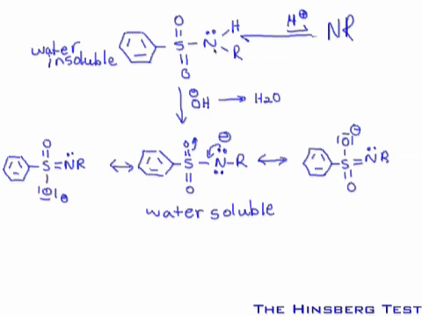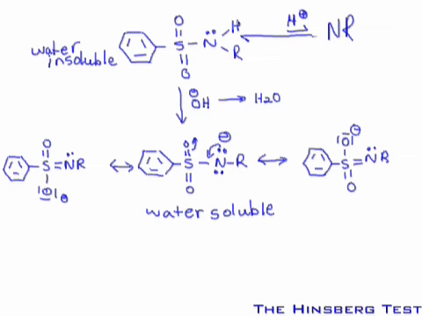So in acid, the benzene sulfonamide is water insoluble because it stays neutral. It doesn't get protonated. But in base, it becomes water soluble because it becomes this resonance stabilized anion. So this one was water soluble in base, but insoluble in acid.